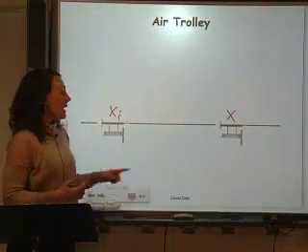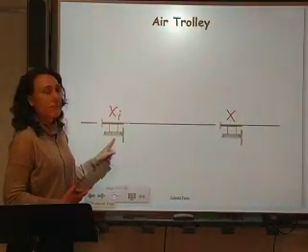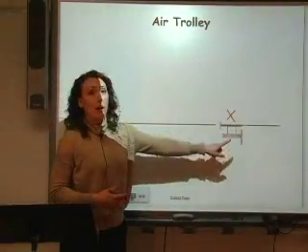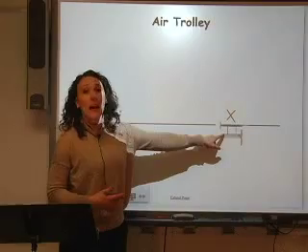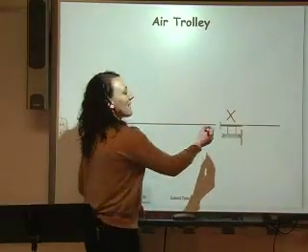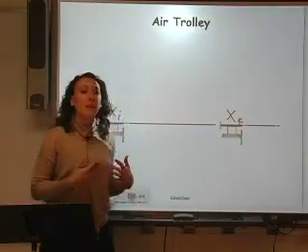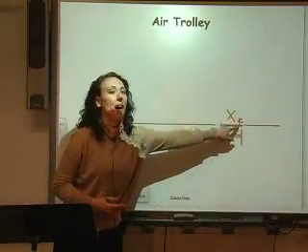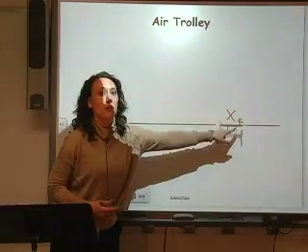So now we can say x_i represents the initial position. Likewise, the final position is given the symbol x with a subscript of f. That represents x_f, or its final position.